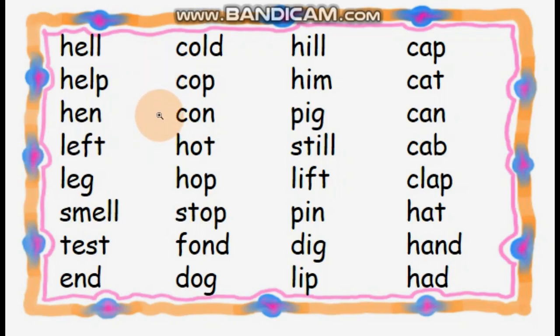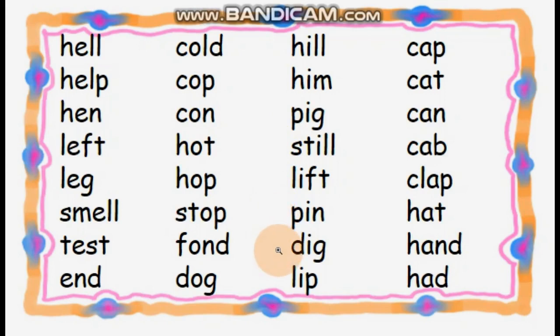Cop. Con. Hot. Hop. Stop. Pond. Dog. Hill. Him. Pig. Still. Lift.